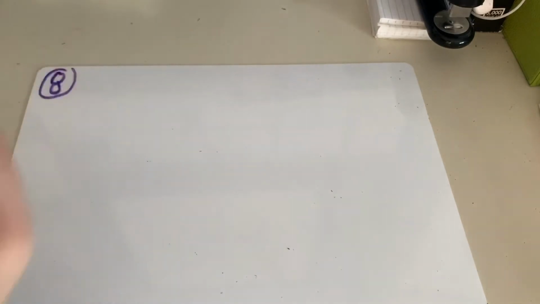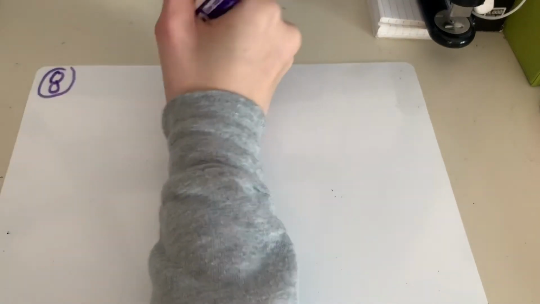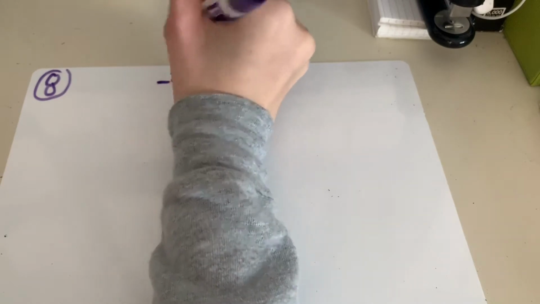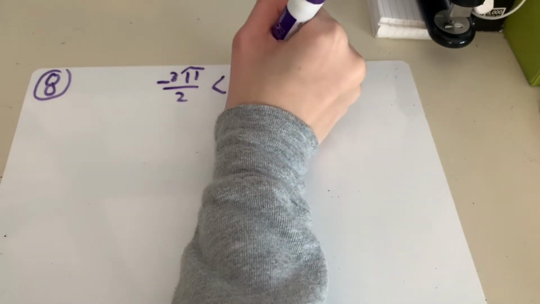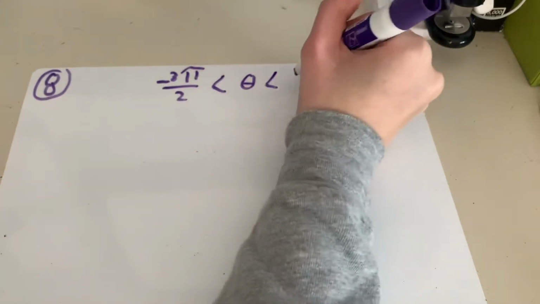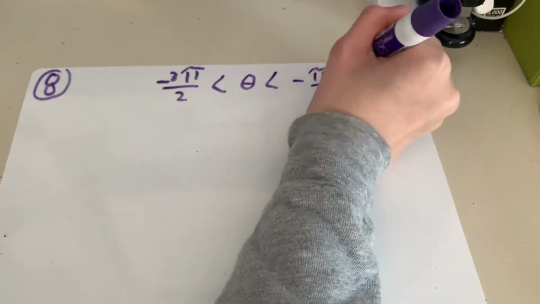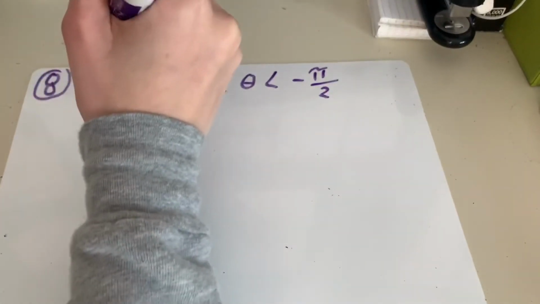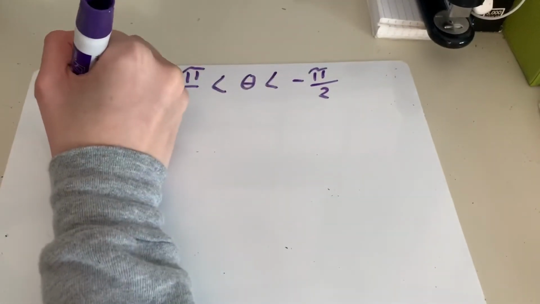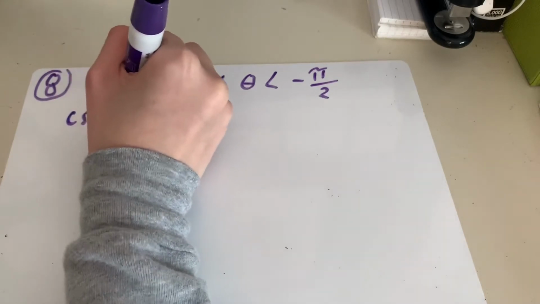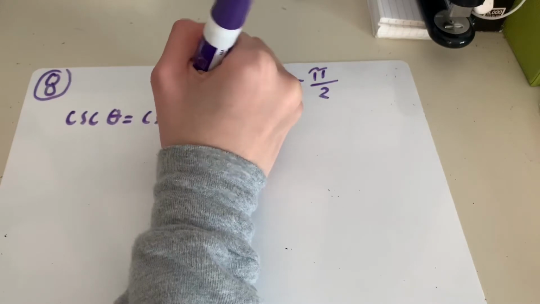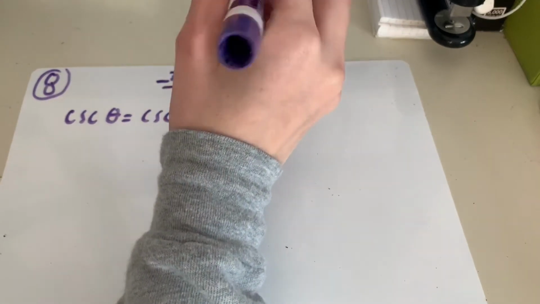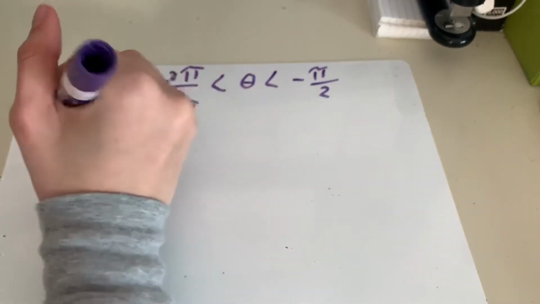In question 8, they want us to find an angle where cosecant of theta equals cosecant of pi over 6. Cosecant equals 1 over y.